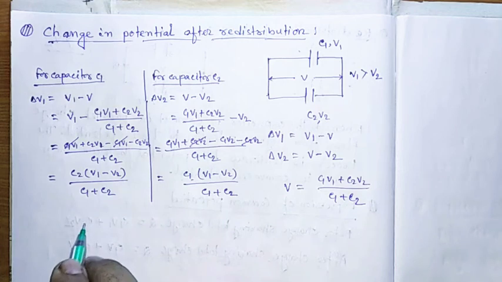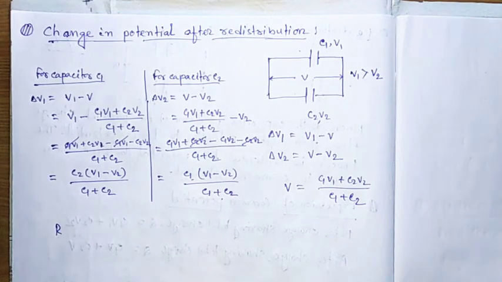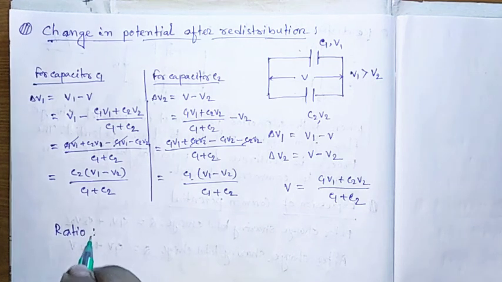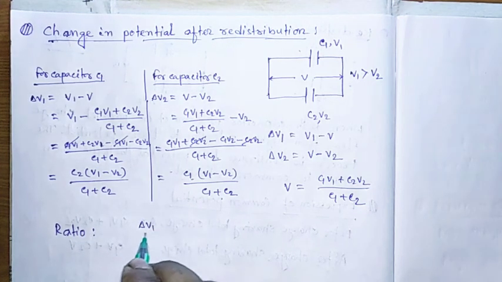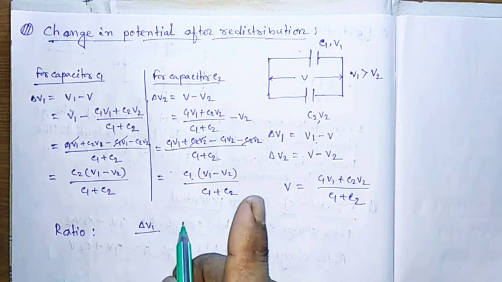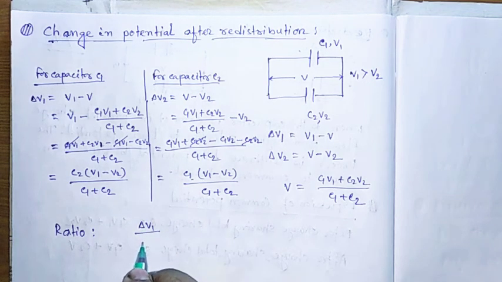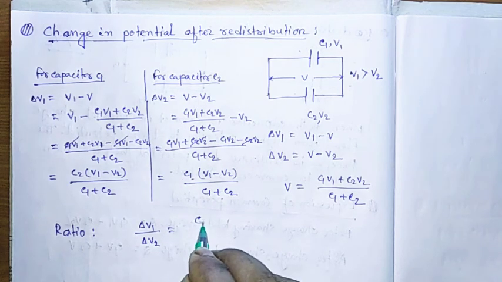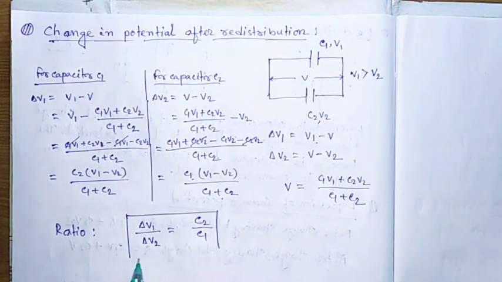So if we take the ratio, delta V1, the change in potential of capacitor C1, divided by the change in potential of capacitor C2, is equal to C2 by C1.